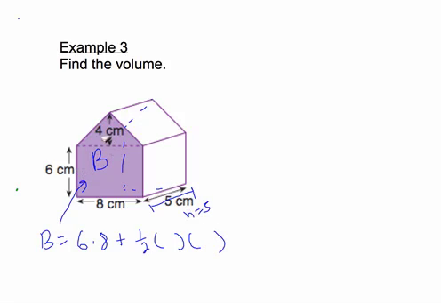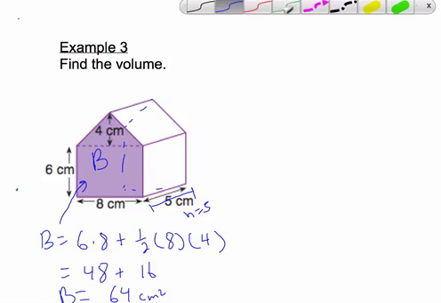The height of the triangle we can see right here is 4, and the base is actually 8 because it's the same as this distance. So that's 48 plus half times 8, which is 4, and 4 times 4 is 16. So that is 64 square centimeters, the area of the base.